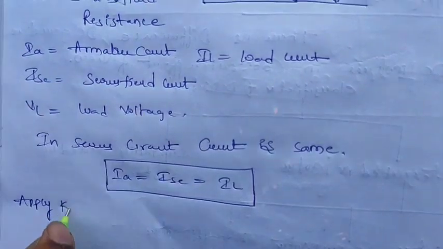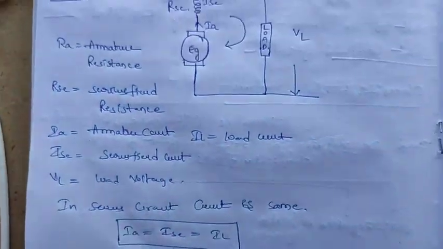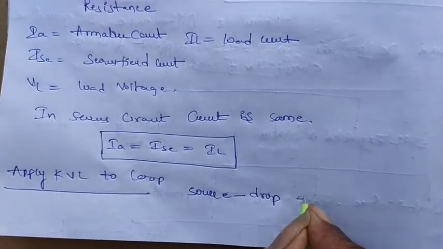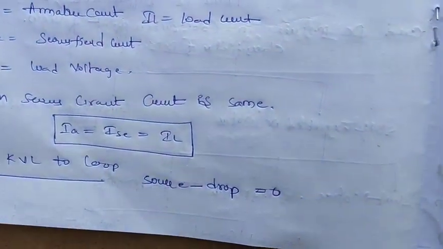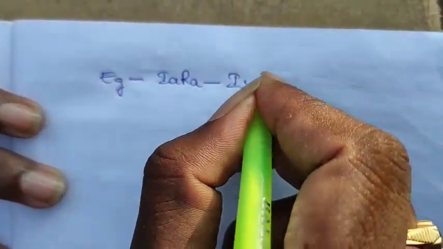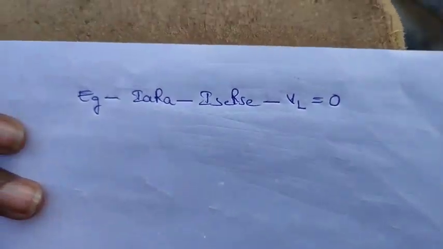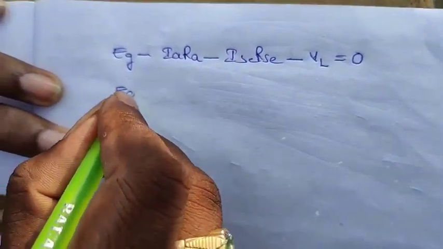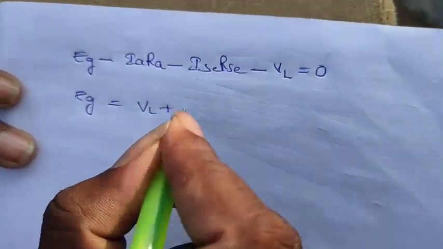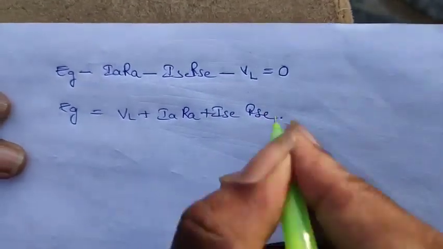Apply KVL to the loop. What does KVL say? Source minus drop equal to 0. The source is EG. The drops are armature drop IA RA, series drop ISC RSC, and voltage drop across the load, that is VL, equal to 0. So EG equal to VL plus IA RA plus ISC RSC.